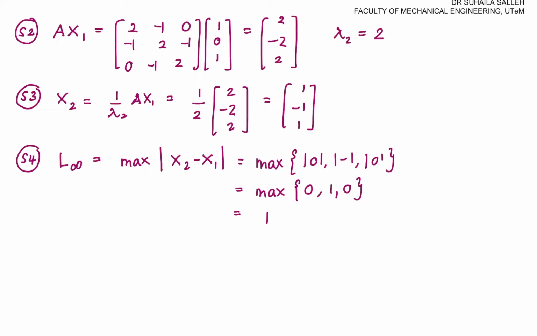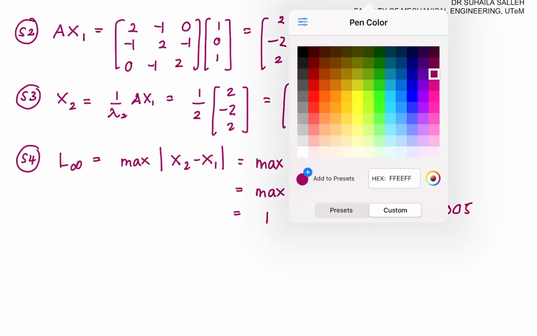The maximum value is 1. Is this less than 0.005? No, it's the same answer. Therefore you have to continue with another iteration.